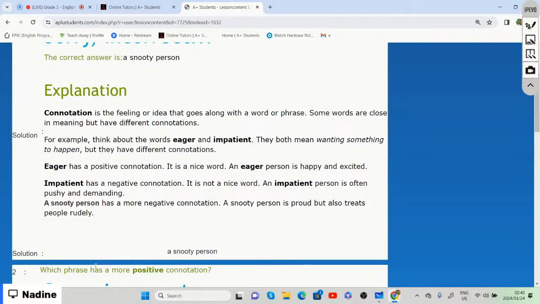All right. So we said that when it comes to eager and impatient, eager is a positive connotation because you are happy and excited, whereas impatient is not so nice.